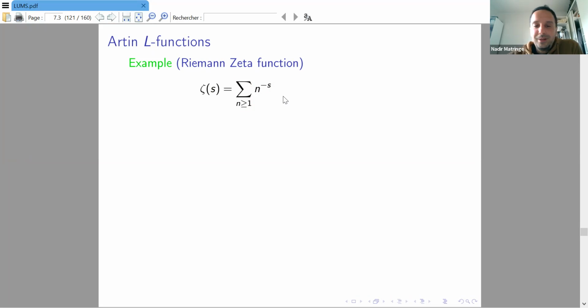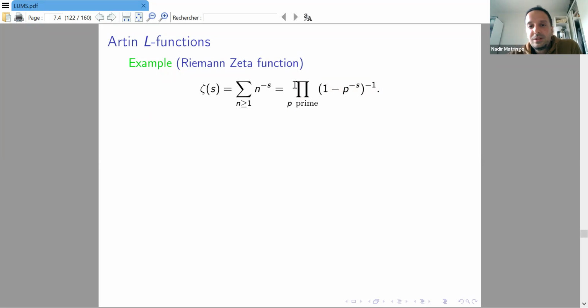This sum here will be absolutely convergent in some right half plane of the complex plane. And then it will define a holomorphic function there, which will admit meromorphic continuation to the full complex plane. So this is the Riemann zeta function, which is meromorphic on the full complex plane, and which has also another very interesting description, which is the following Euler product.